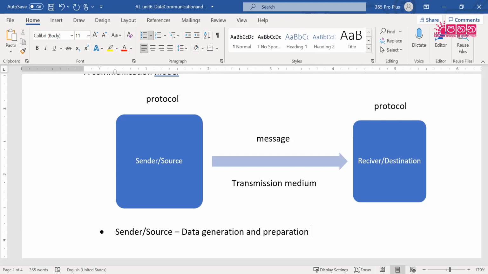So in the sender, what will happen? It will generate data, or it will prepare the data to be transmitted. So that's the source.